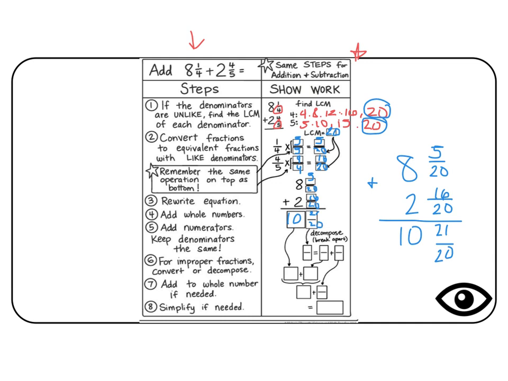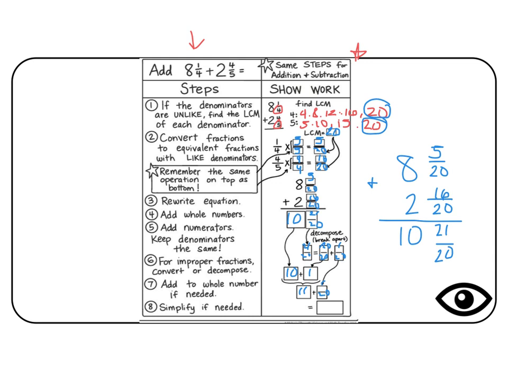Now 21 twentieths is an improper fraction. So we're going to change it into 20 twentieths, which is one whole, and 1 twentieth, which is going to stay 1 twentieth. Then 10, which we brought straight down, plus 1, which was our whole, is 11.